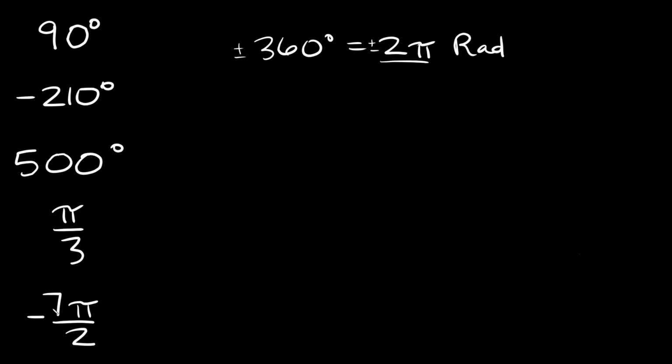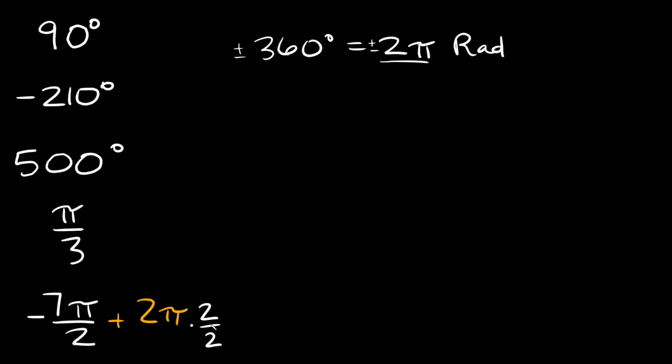Okay, now lastly, let's find a positive and negative coterminal angle for negative 7 pi over 2. So again, here we can simply add 2 pi. But again, we're gonna have to convert this into an equivalent fraction. So to do that, we can just take this denominator and multiply it on the bottom and on the top, right?